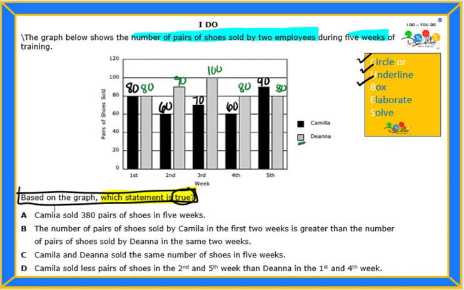Okay, and now another thing that I want to do as I'm trying to get the important parts of this information from the bar graph: this is a double bar graph, and so I'm going to have two totals, and I'm going to make sure that I know the total. So I'm going to put them right here next to Camila and get her total. So that would be 80 plus 60 plus 70 plus 60 plus 90.